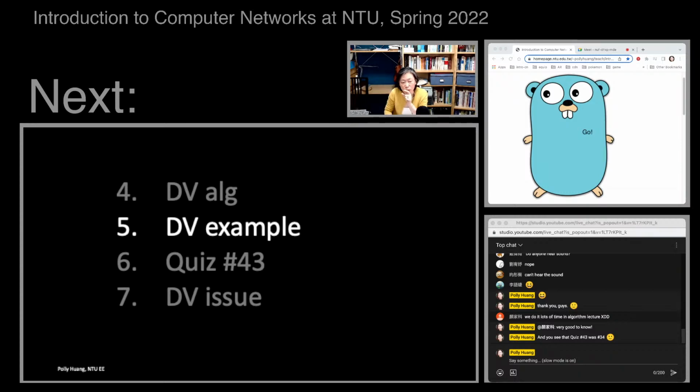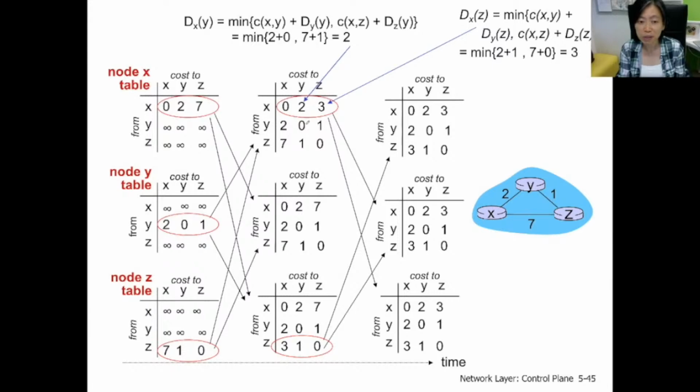Now there's just one little video left to tell more about T2. After the quiz, you'll see dx is changed and dz changed as well. So node x and node z will be propagating the newly discovered, better distance vector.